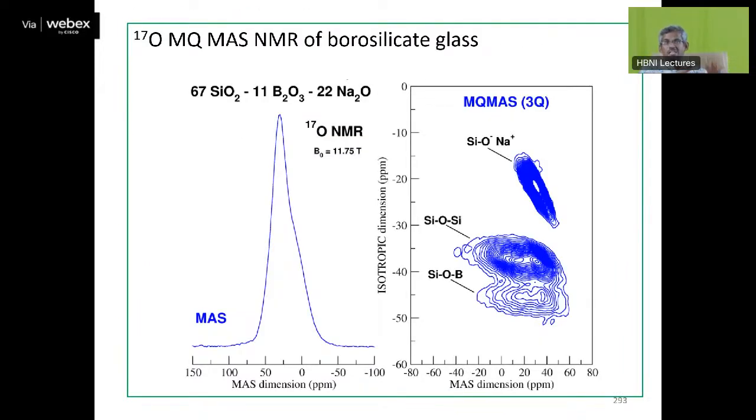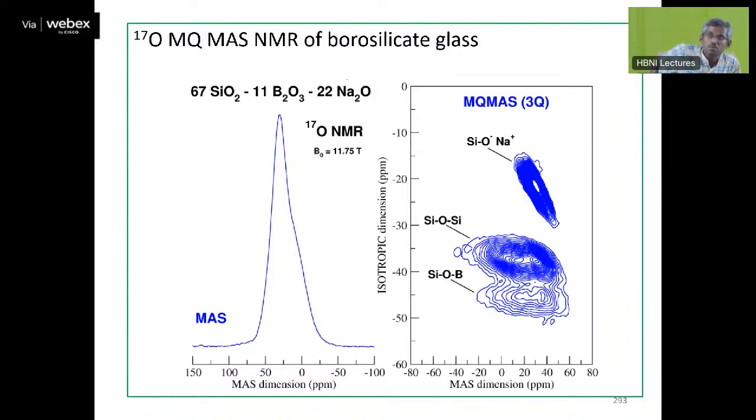Similarly, in glass samples, oxygen-17 MQ MAS, which is multi-quantum magic angle spinning NMR, is very widely used to understand different types of bridging oxygen atoms. Because in glass, what happens? In a sodium borosilicate glass, we have Si-O minus Na plus, which is the non-bridging oxygen. Then we have bridging oxygen, and then Si-O-B linkages.